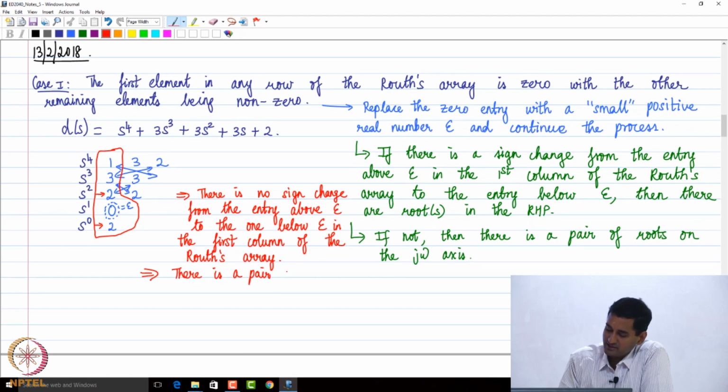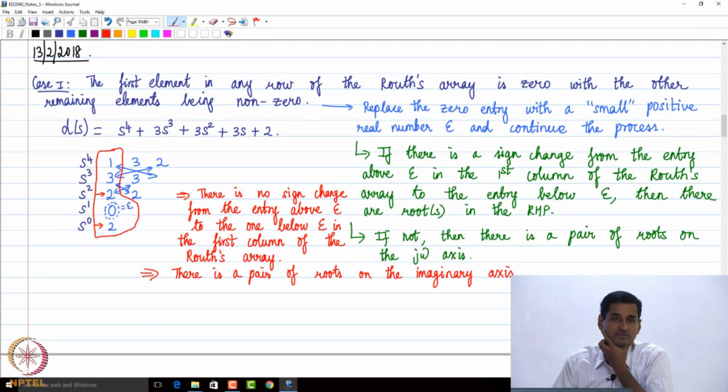So this leads us to conclude that there is a pair of roots on the imaginary axis. That's the conclusion which one can draw.